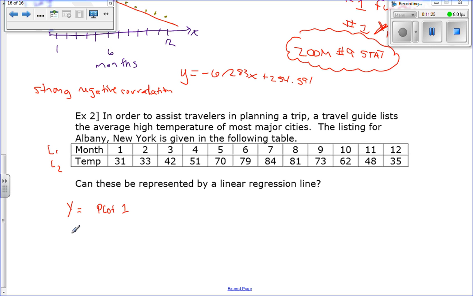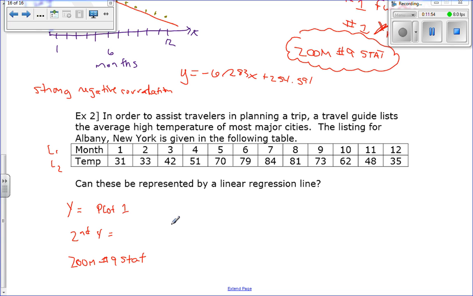That's 2nd Y= if you need that. There are 2 ways to turn it on. And then you want to hit zoom number 9, ZoomStat, and you want to find out if it looks like a line when you plot these points. It looks linear or not.